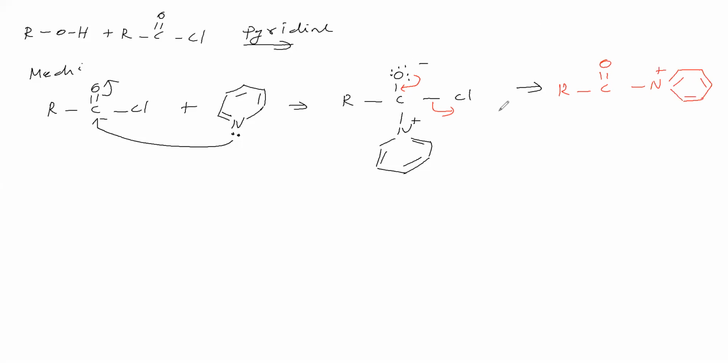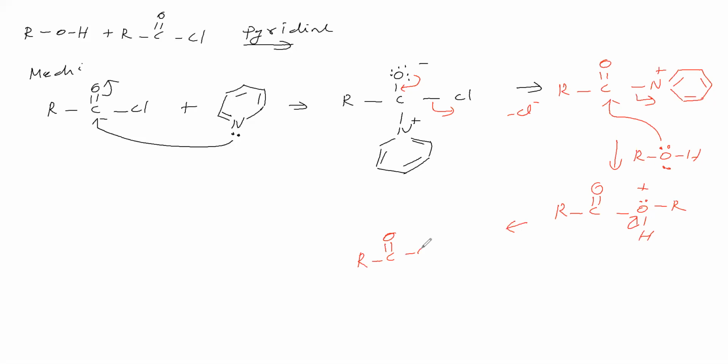Cl minus is left. Next, alcohol is attacking this carbon. This bond is leaving. Therefore, we are getting RCOOHR, and this oxygen has a positive charge. This bond is shifting to oxygen. Therefore, we are getting an ester.